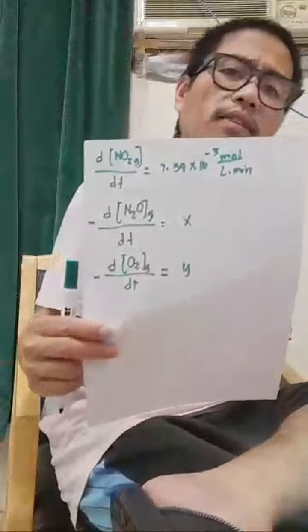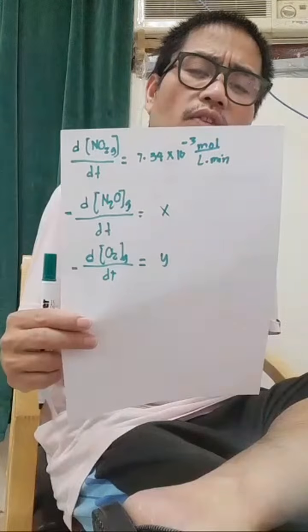I will have Y. If you assign a certain letter to a certain quantity, then use another letter for another quantity so that you will not be confused somewhere along the way of your computation and solution. Now, going back to the basic computation of this specific problem.